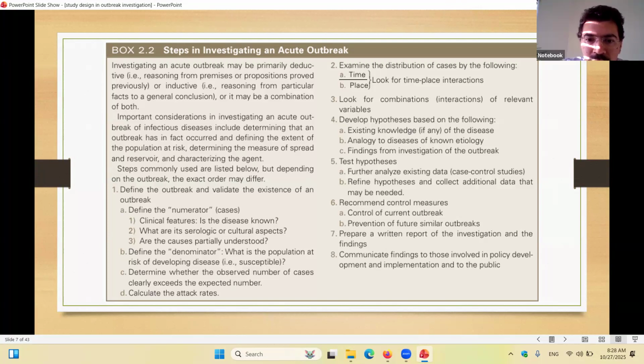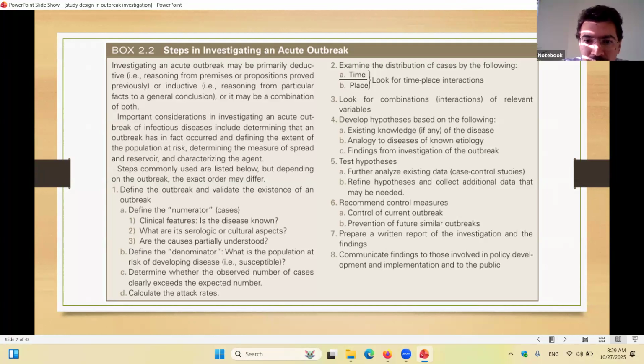Now I am giving the examples for this. For example, step 5 and step 6. Step 5 is test hypothesis, and step 6 is recommended control measures.